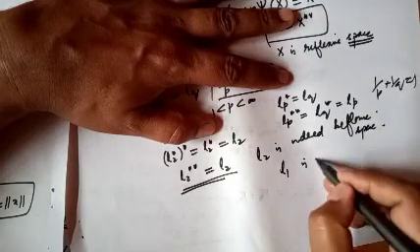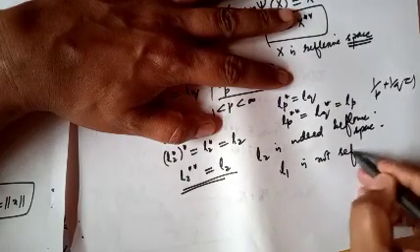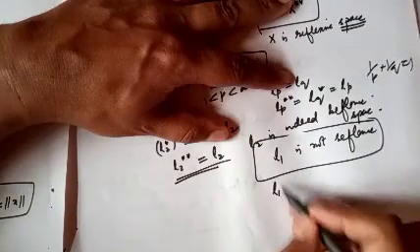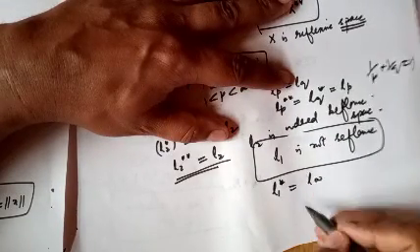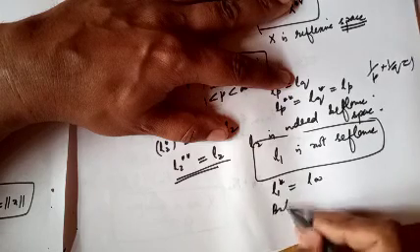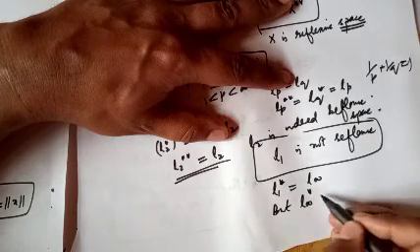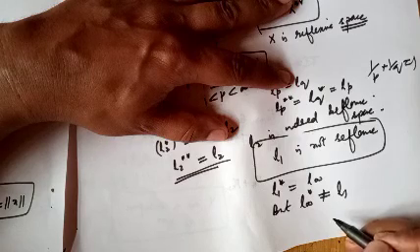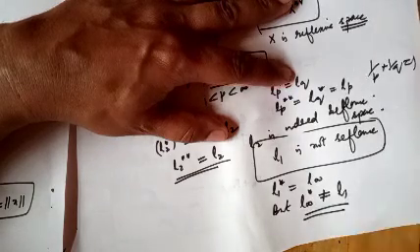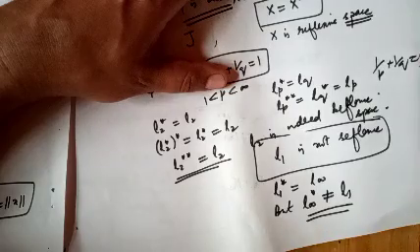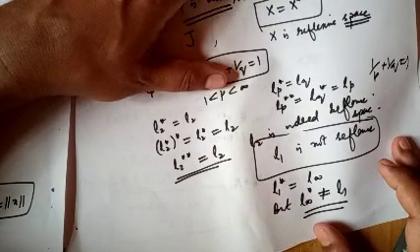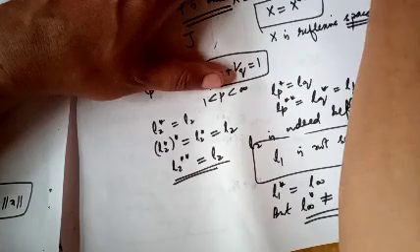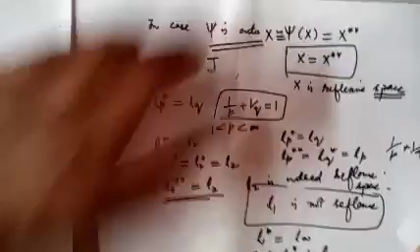L1 is not reflexive, because L1 star is equal to L infinity, but L infinity star is not equal to L1. So among the L^p spaces, everything is reflexive except L1. So this was about reflexive spaces.